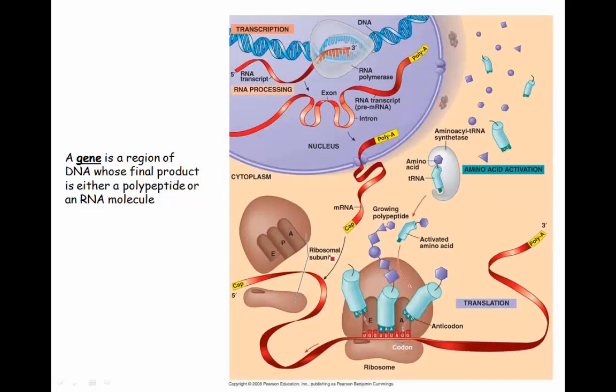When we decide to use that template, we are going to have to go through the process of transcription. So our RNA polymerase will be involved, and that will take place in the nucleus. If we're making a polypeptide, we're then going to take that RNA molecule, we're going to add a cap and a tail, and we're going to splice it. And then we are going to export that mRNA to the cytoplasm. Once it gets to the cytoplasm, it is going to be bound by a free ribosome.